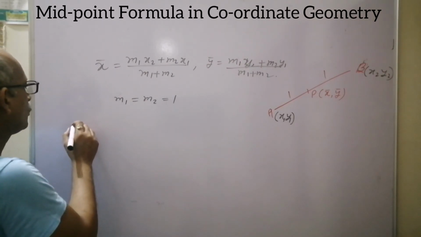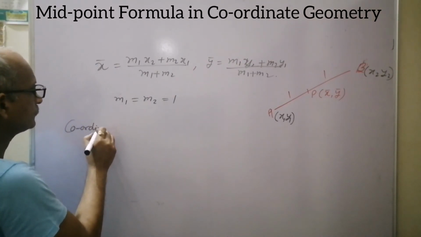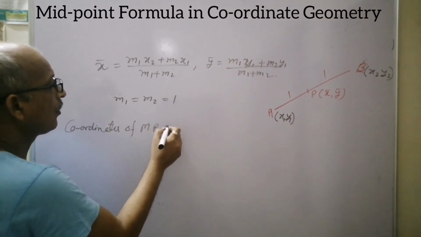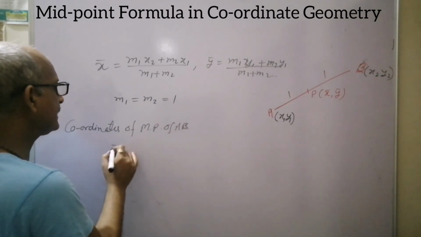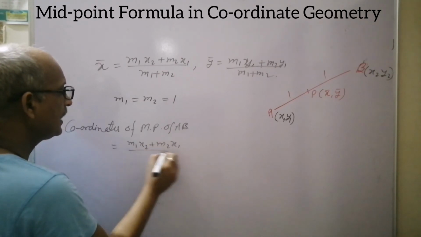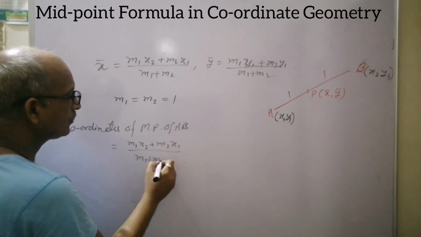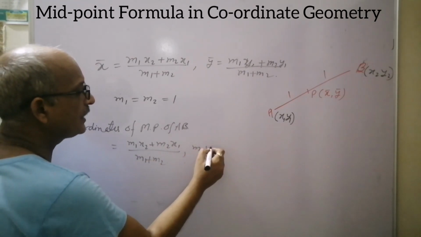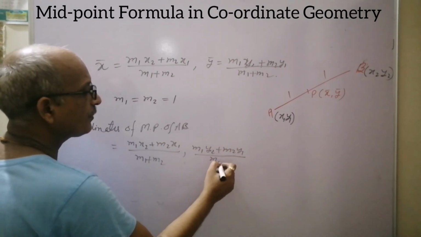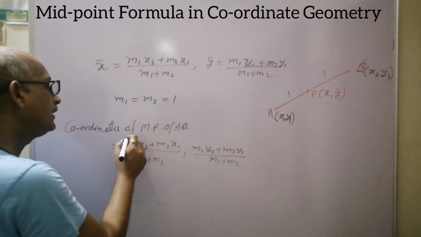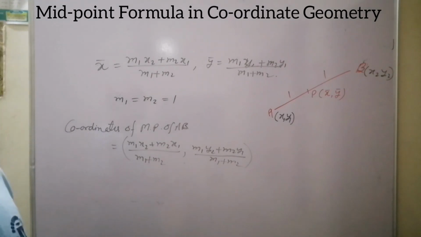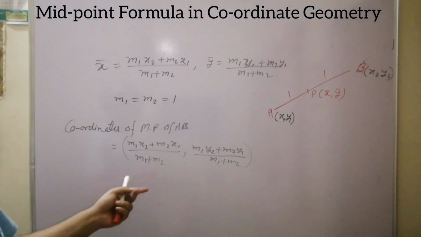So we can write the coordinates of midpoint of AB equal to (m1 x2 plus m2 x1 upon m1 plus m2, comma m1 y2 plus m2 y1 upon m1 plus m2). It must be enclosed in smallest brackets, parentheses, because without the enclosure it is not a coordinate.